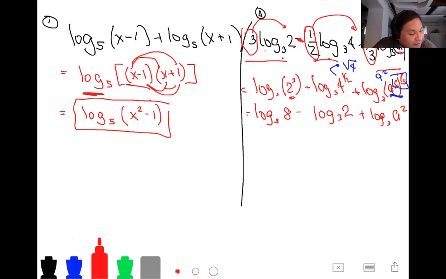Now that we have no coefficients in front of the logarithms, we can combine logarithms as either products of powers or a quotient of powers. So first, we're going to write our single logarithmic expression, logarithm to the base 3. Now, 8 is a positive logarithm. There's no negative in front of it.